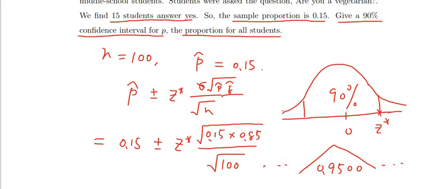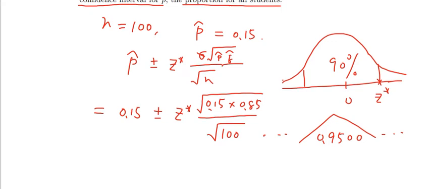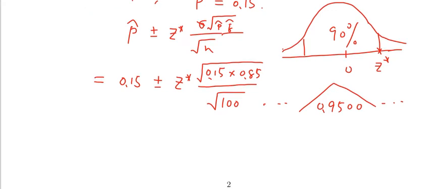I remember this C star should be 1.64, 1.65, or 1.645. Either one is okay, no big difference. So we can say C star can be 1.64 or 1.65 or 1.645. Here we just plug it in.